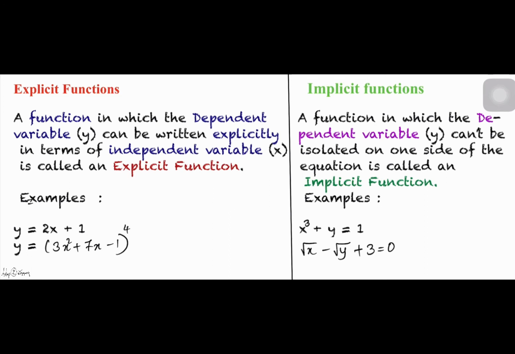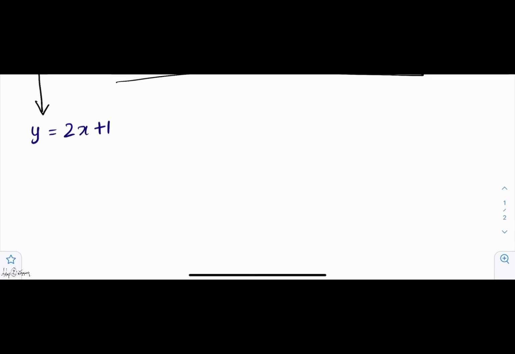Now, to differentiate those implicit functions, first let us look at a few examples of how to differentiate an explicit function. For example, differentiating y equals 2x plus 1. Here we differentiate y with respect to x, because y is the dependent variable and x is the independent variable.